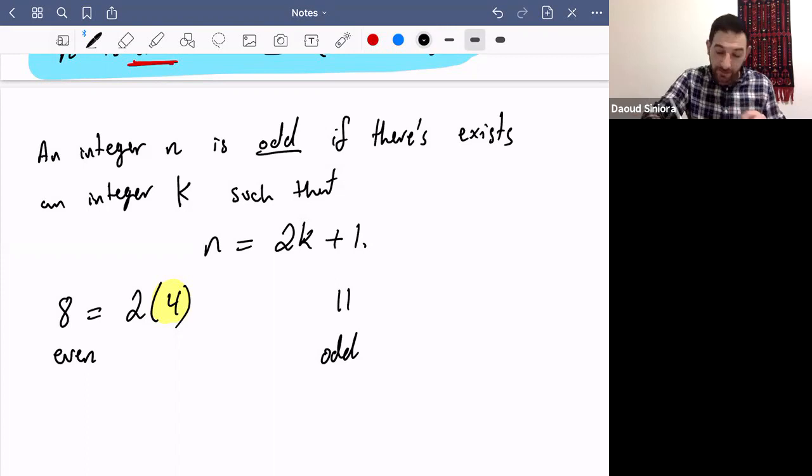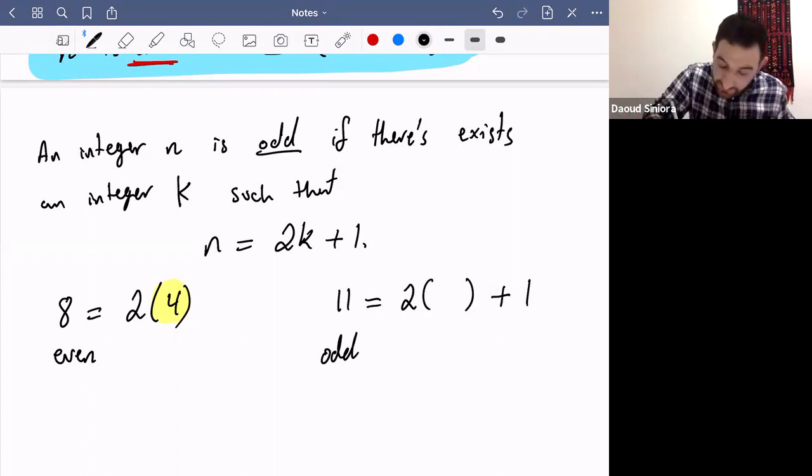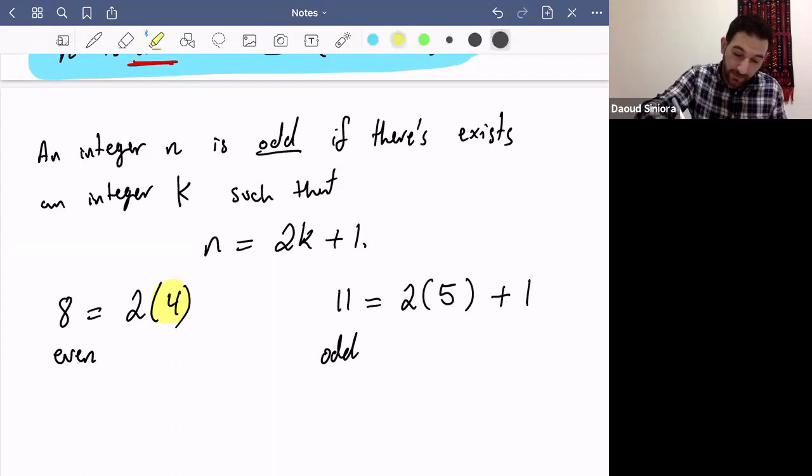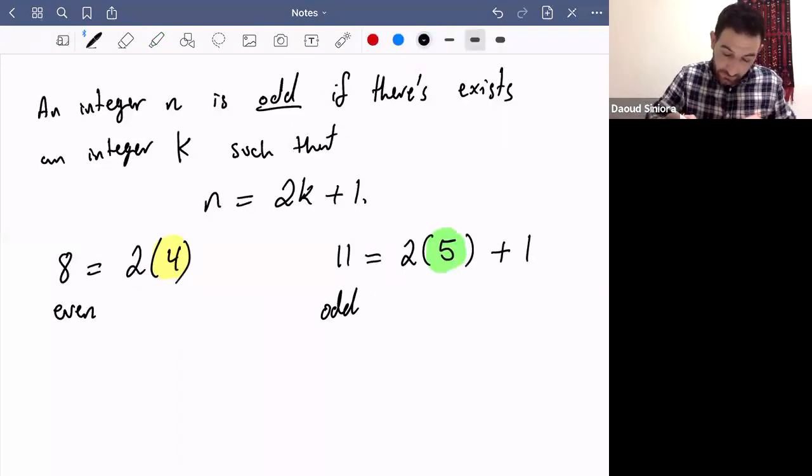You need to find a k such that 2 times k plus 1 is 11. And this k is 5. So 2 times 5 plus 1 is 11, and this is the k we were looking for. This shows it is odd. And what does it mean that an integer is not odd? It means that we can't find an integer k such that 2 times k plus 1 is that integer.